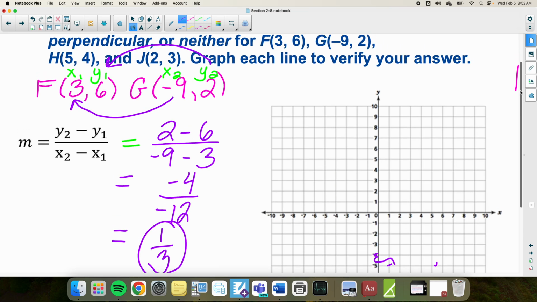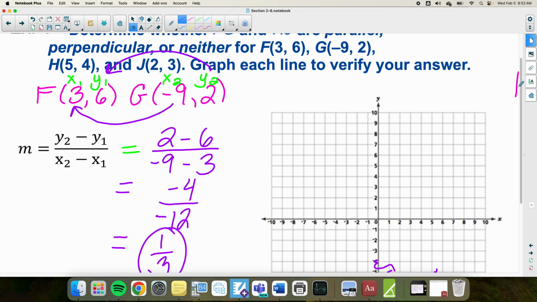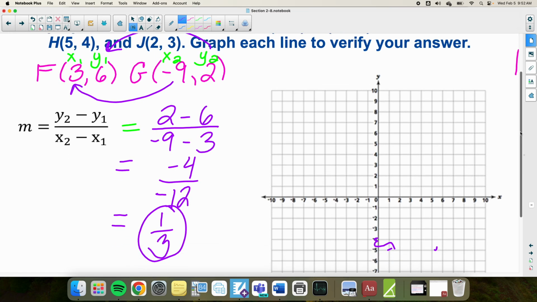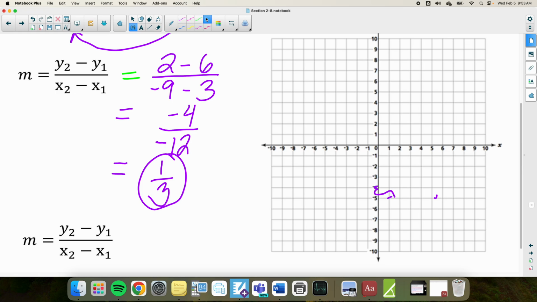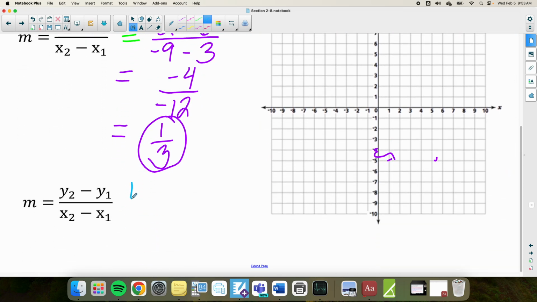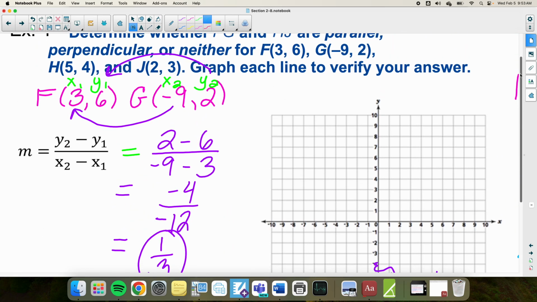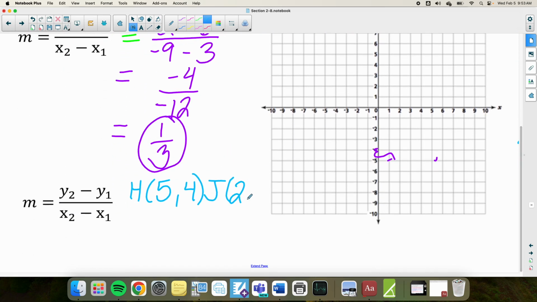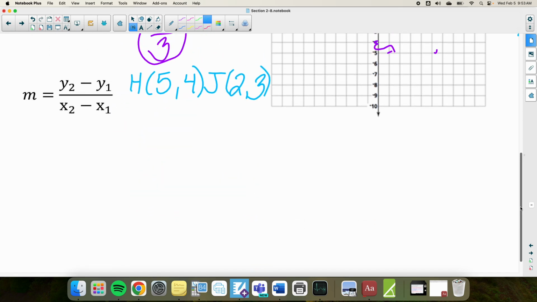Now we're going to do the same thing between H and J. Okay, so H was 5, 4. And J is 2, 3. Now what we're gonna do is find the slope between those two.